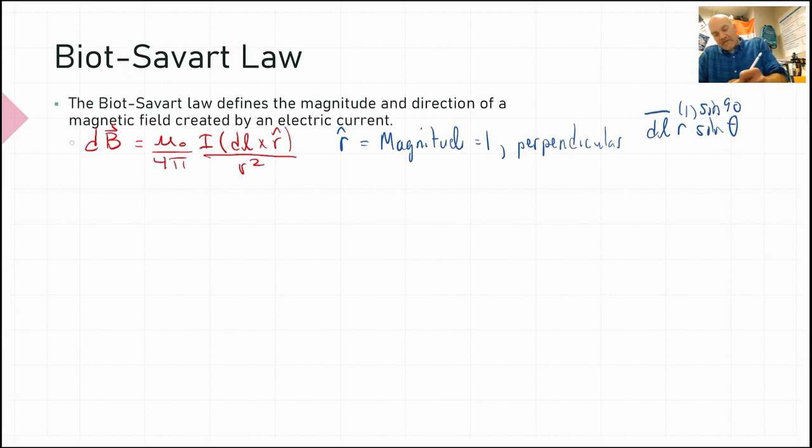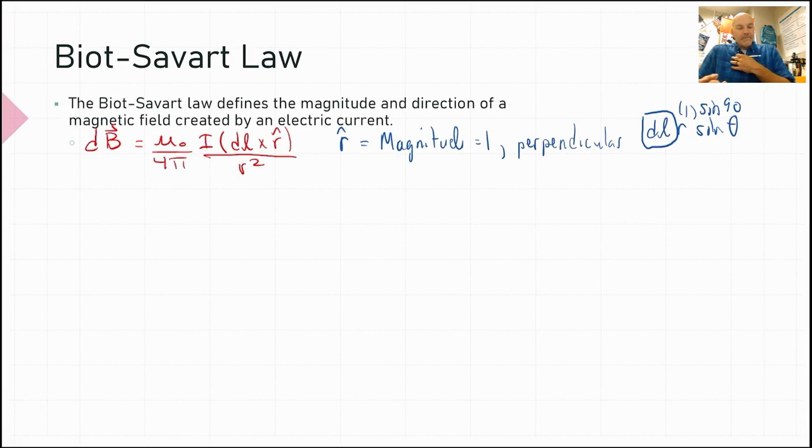So the only thing left over really is dl. Okay, so that cross r hat notation does not affect anything really. If you want to write the magnitude of dB, or of B, you can just simply get rid of that dl, and you would divide it by r squared.